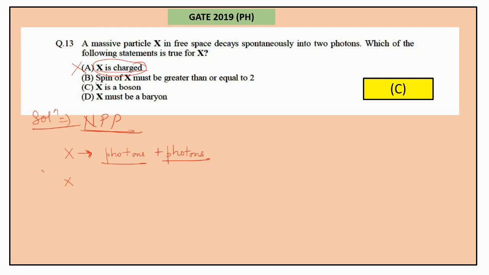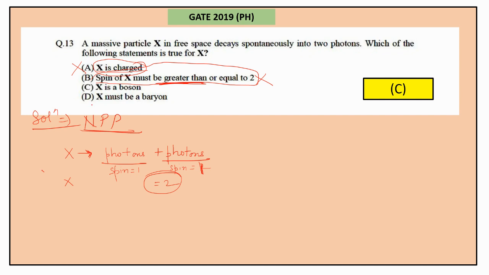Now here you can see the spin of X must be larger than 2. Photon is an integral spin particle and the spin of a photon is 1. So these are 2 photons, so it will have overall spin equal to 2. It is given that the spin of X must be greater than or equal to 2. So greater than is given, so that means it is also wrong.